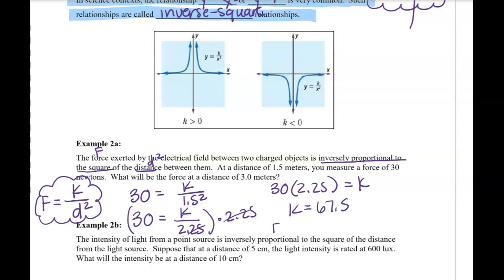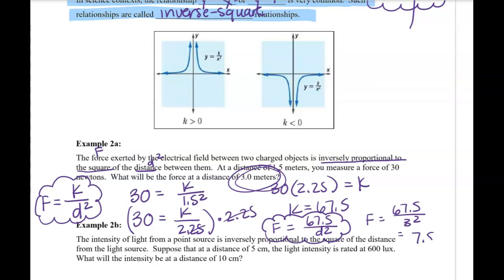So then our formula is F equals 67.5 over d squared. And now we want to know the force at a distance of 3 meters. So d is 3. So F will be 67.5 over 3 squared, and this ends up being 7.5 newtons.